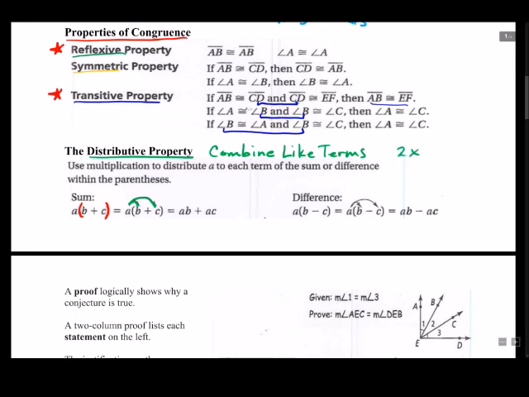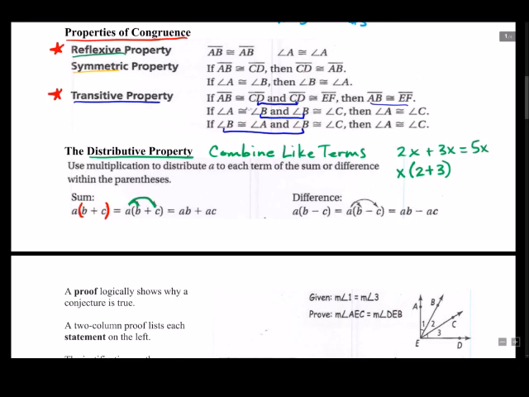So if we have 2x plus 3x, you know that it turns into 5x. But how come it turns into 5x? Well, you probably don't remember, but you should have been taught that you pull out what's common, the x, and then you add the coefficients, right?